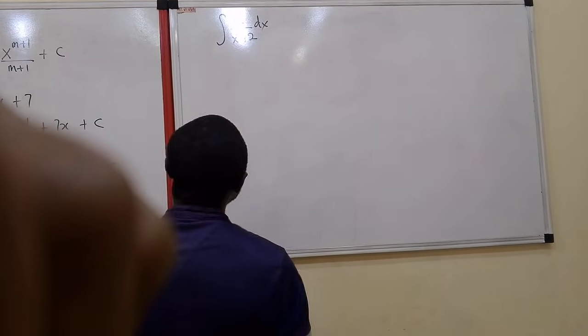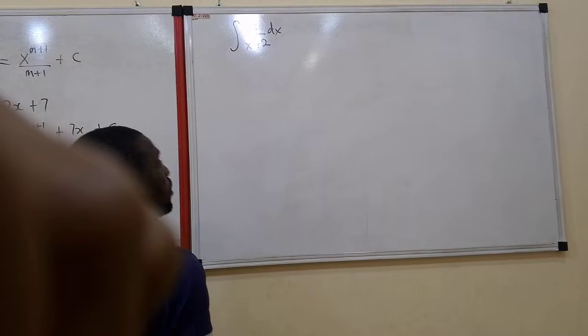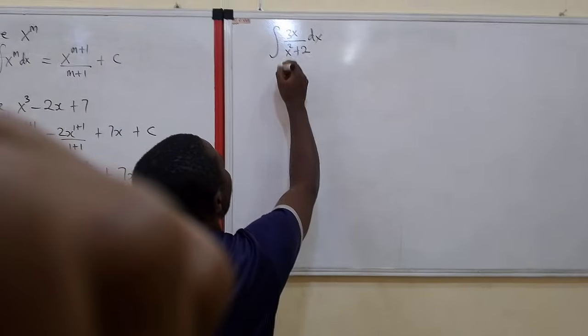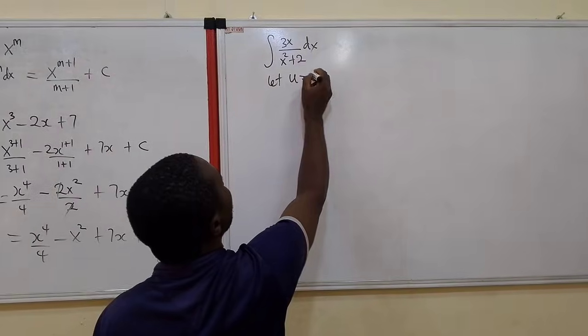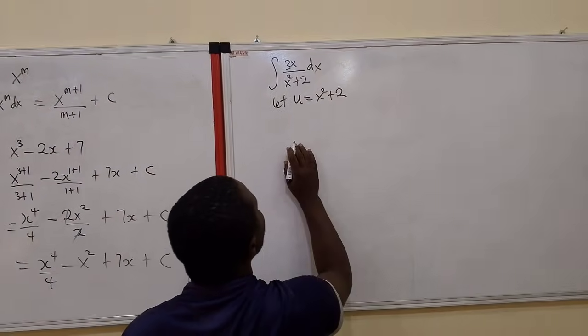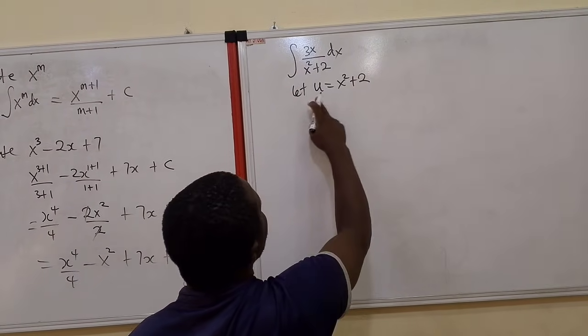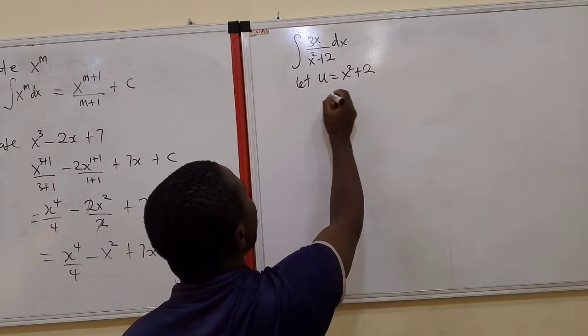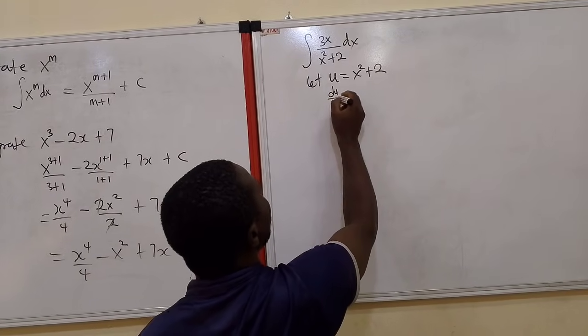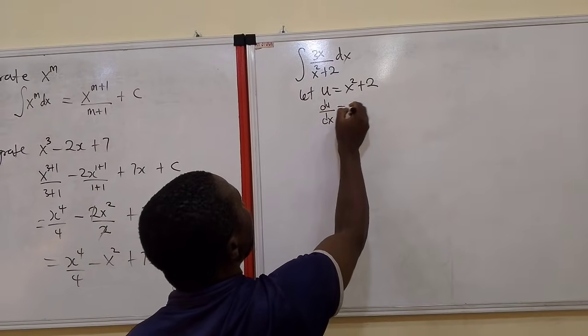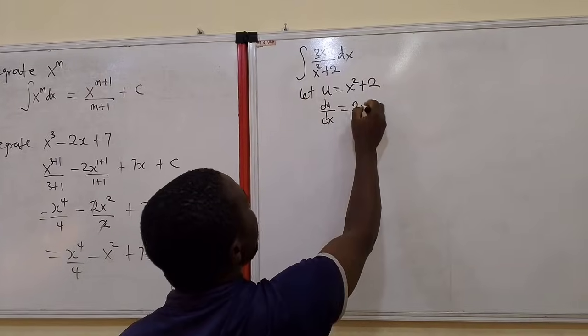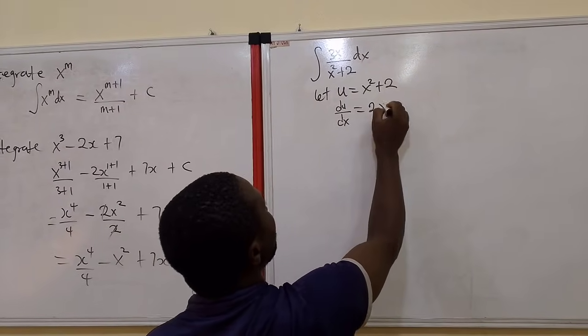We are going to use integration by substitution. So let u equal x squared plus 2. Then we look for du over dx. Du over dx will give me what? 2x. That will give me 2x.